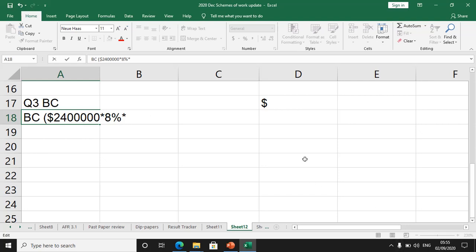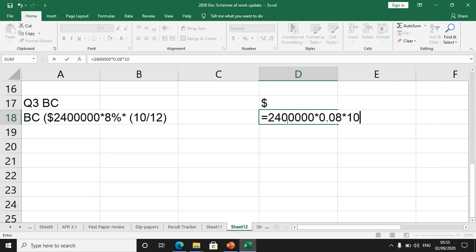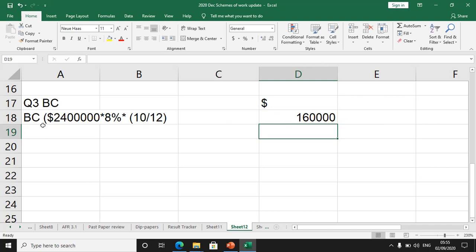Then you multiply that further by 10 over 12. That's what we have there.